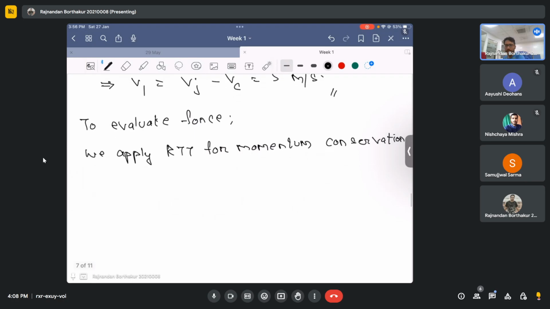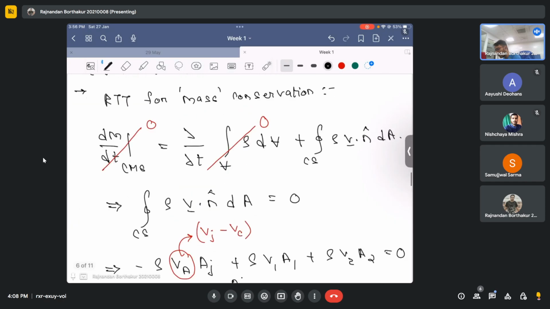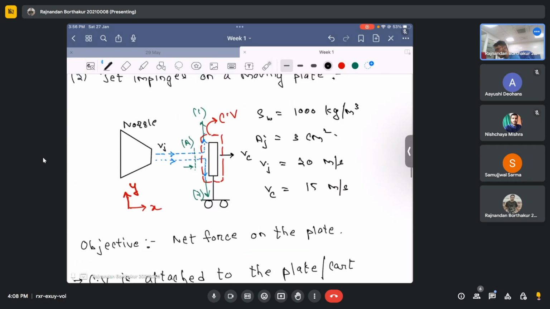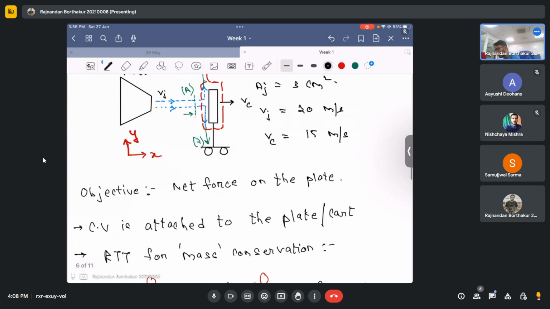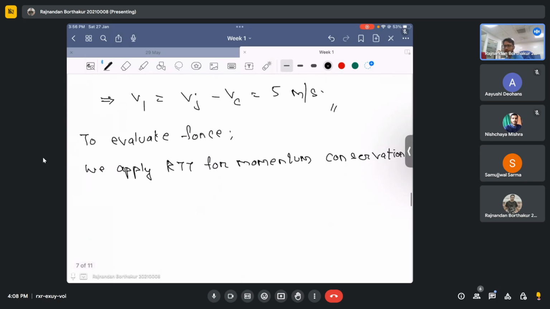So let's now apply RTT for momentum conservation in the same control volume that we saw. This is the control volume that we took. Here is one important thing I would like to point out: unlike mass conservation, momentum is a vector. Momentum is mv, and since velocity is a vector, momentum itself is a vector, which means that if I apply RTT for momentum conservation, I have to apply it vectorially.